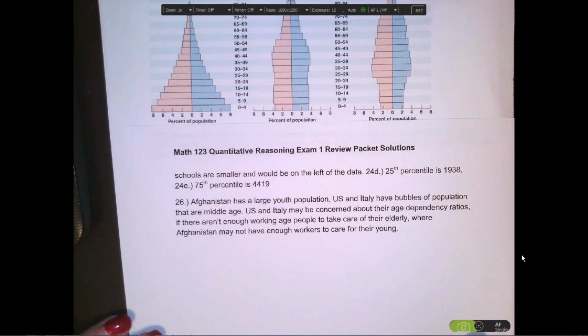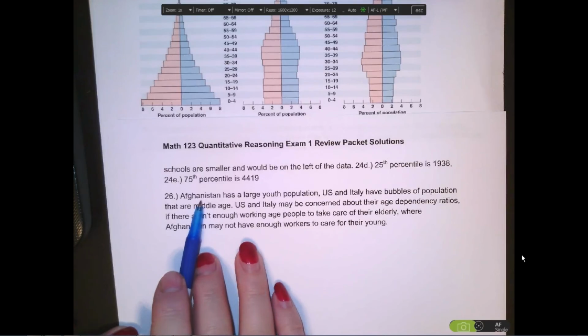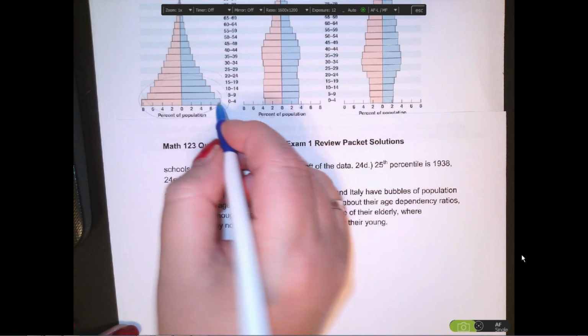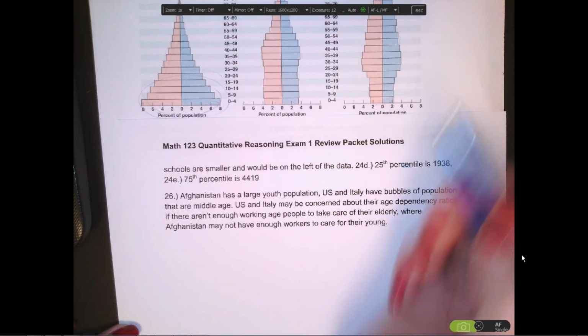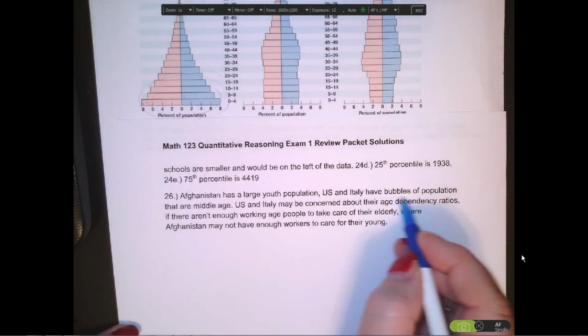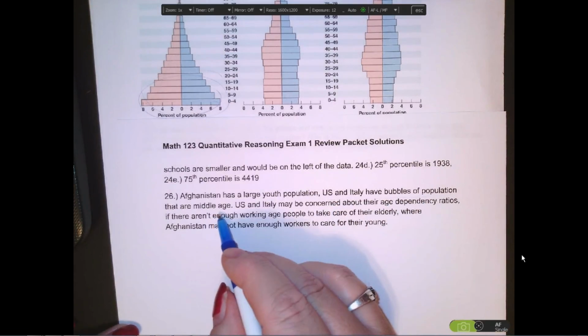I'll give you the answers to the text put out. Afghanistan has the largest youth population, which is right here. All this is, they've done a really funny graph making it male and female. Okay. US and Italy have bubbles of population that are in the middle.